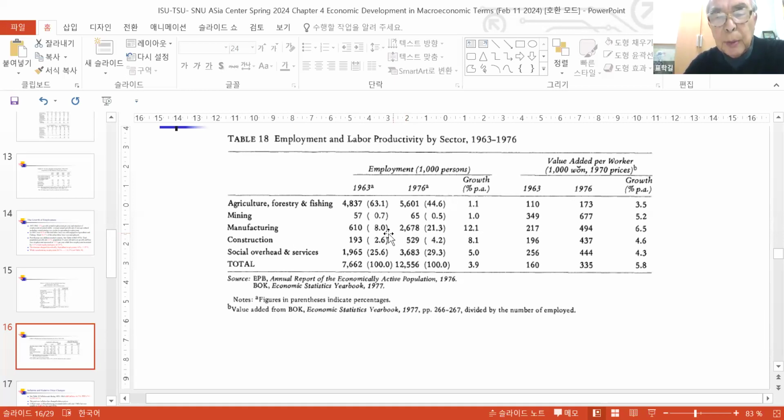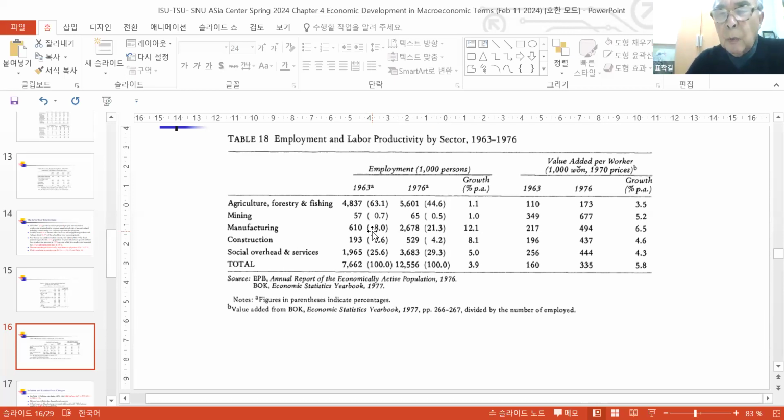Out of the total labor force, in 1963 manufacturing occupied only 8%. By 1976, 21% of manufacturing. In other words, out of 100, 21 were engaged in manufacturing by 1976. By 1963, out of 100, only 8 people were engaged in manufacturing.